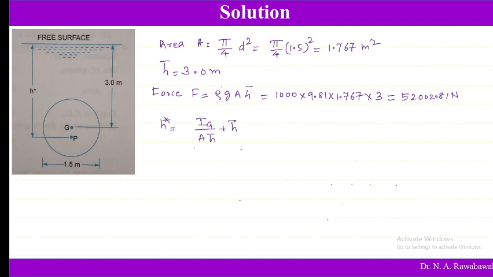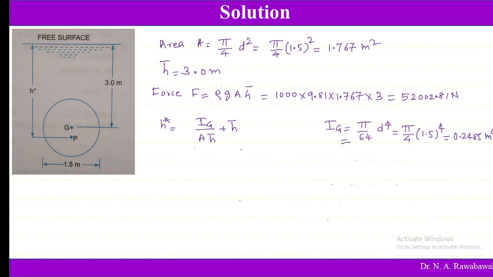Now to find H star, we use the formula Ig divided by A H bar, plus H bar. Ig is not known, so first we have to find Ig. Ig is equal to pi by 64 d to the power of 4, so pi by 64 into 1.5 to the power of 4. This is going to be 0.2485 meter to the power of 4.